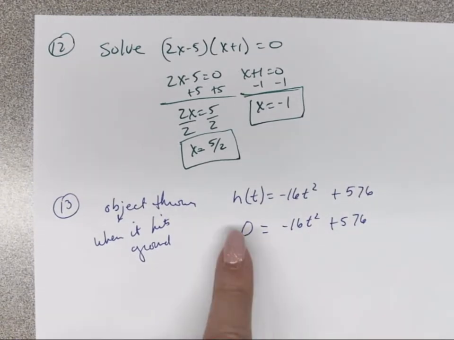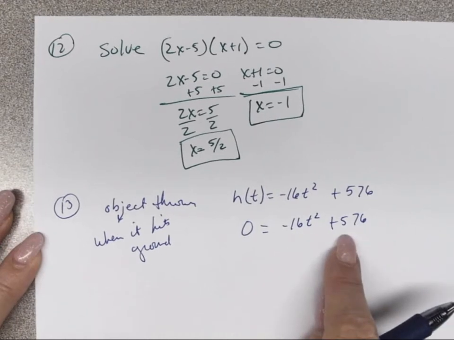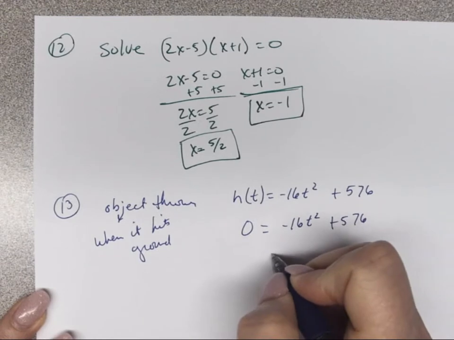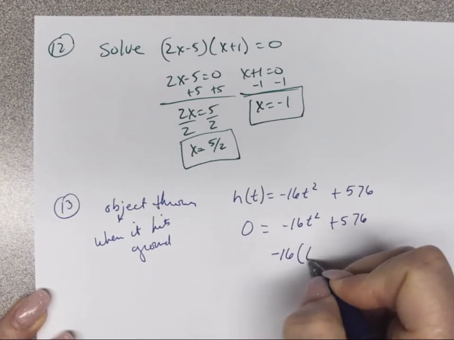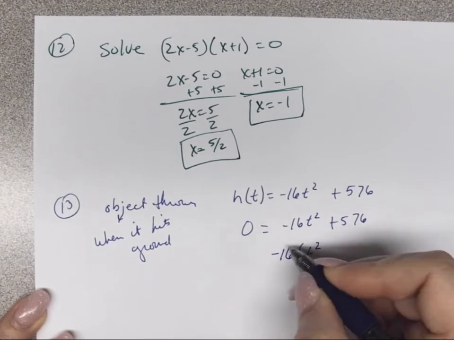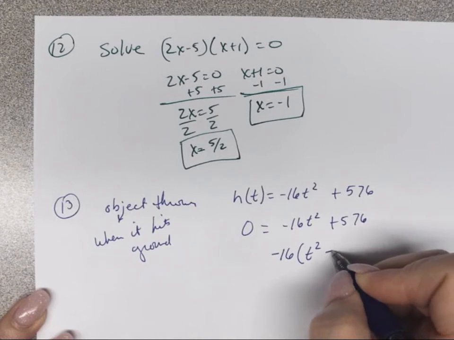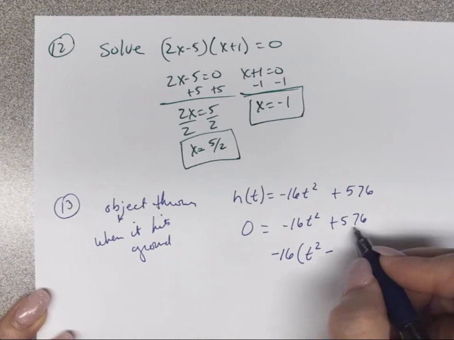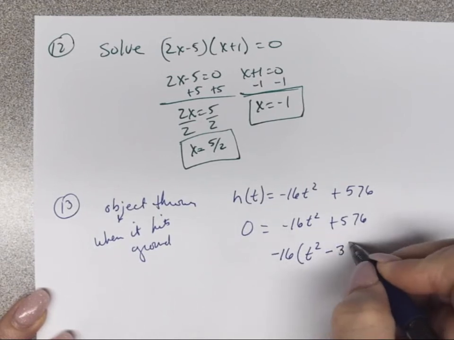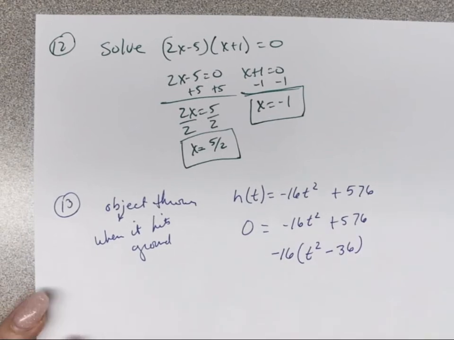So we just set the equation equal to 0. Now, we're looking for a GCF. They both divide by 16. We're going to go ahead and factor out the negative. So negative 16 times t squared, because we're factoring out the negative, that will be a negative. And 576 divided by 16 will get you 36. And this is still equal to 0.